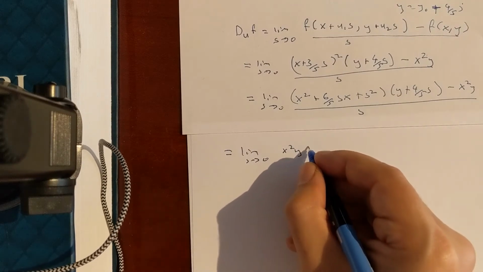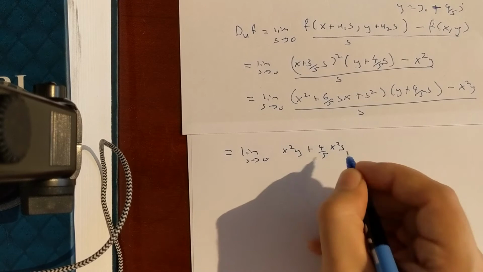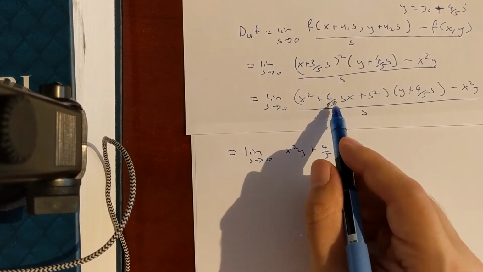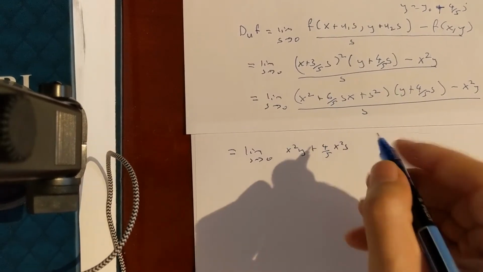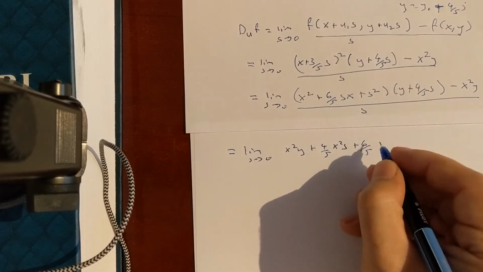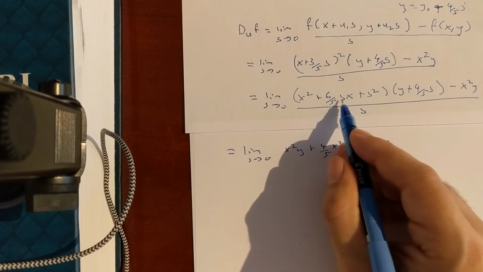So that's going to be plus 4/5 x squared s. Now, let's come to this term. When I multiply with y, I'll get an s term in it also. So plus 6/5 xys, from this guy and this guy.